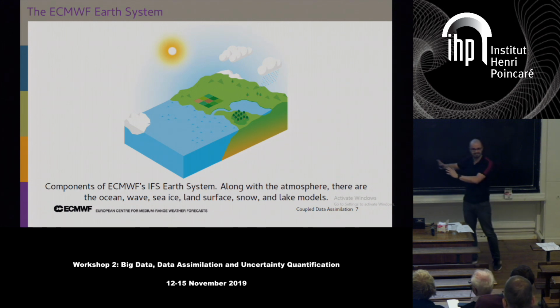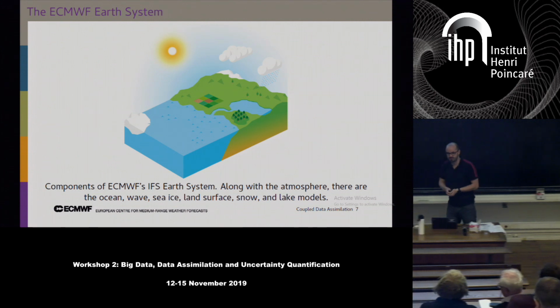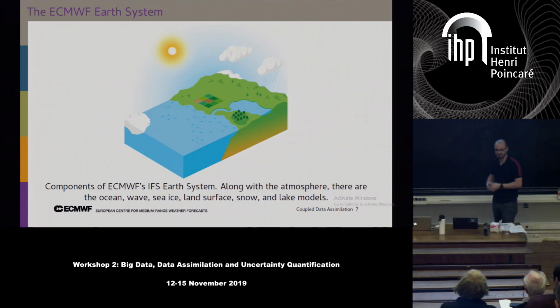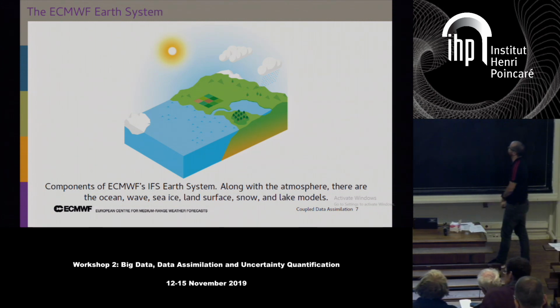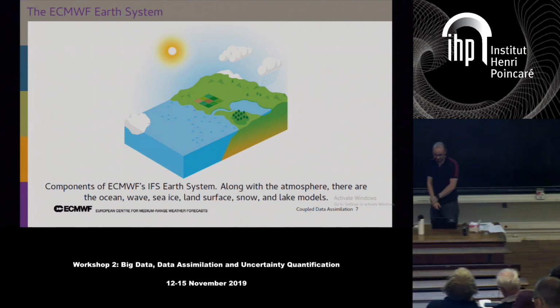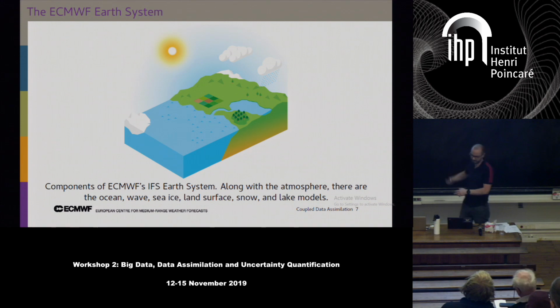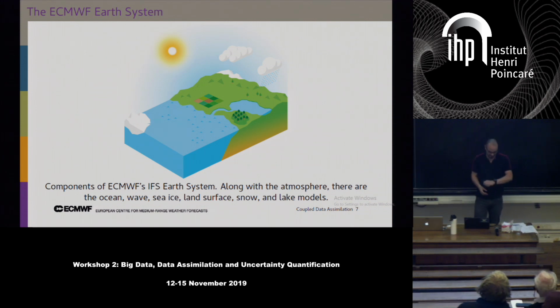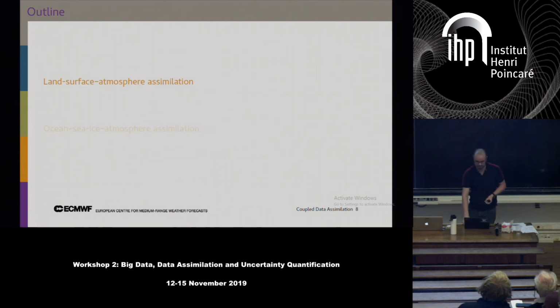They're in a sort of side project. We have the information in-house, but it's not built into our IFS. So what we want to do is take information from any of these components and use it to improve our atmosphere and our weather forecasts.